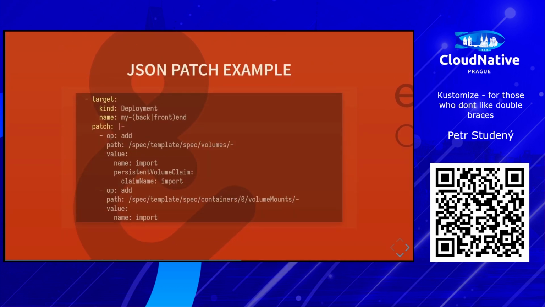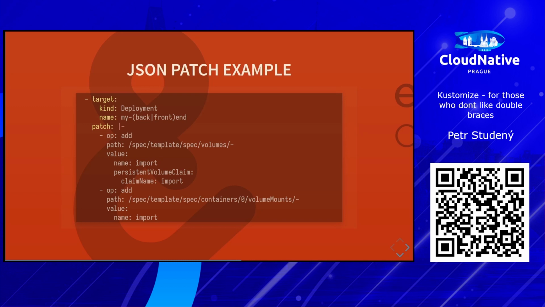Okay, here is an example of JSON patch. You can see there is a regular expression that matches my backend and frontend deployment, and I would like to add a disk, some drive for persistent data. Okay, in a deployment it's weird, but why not?